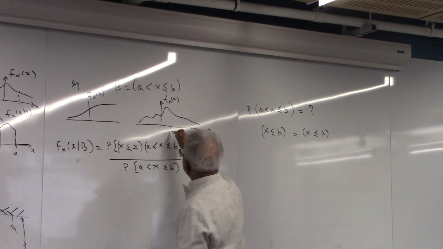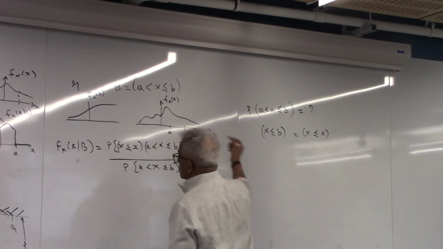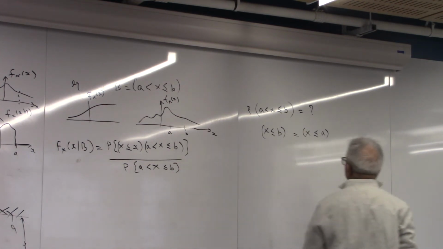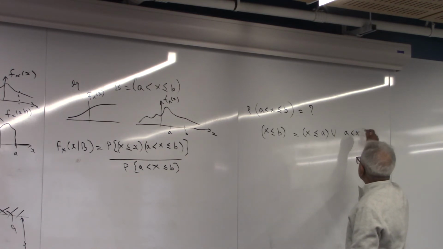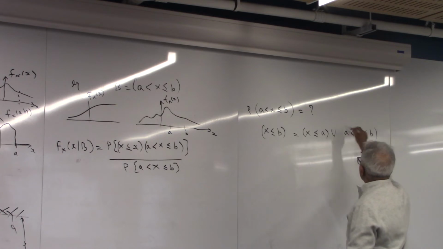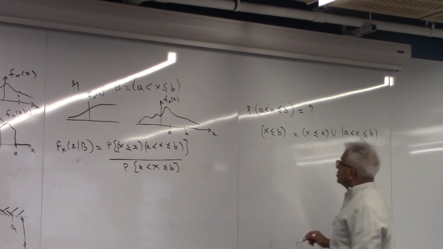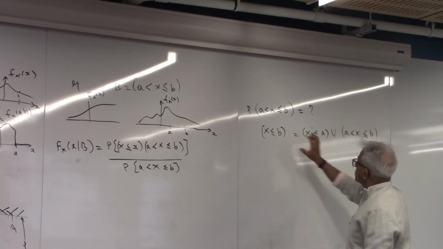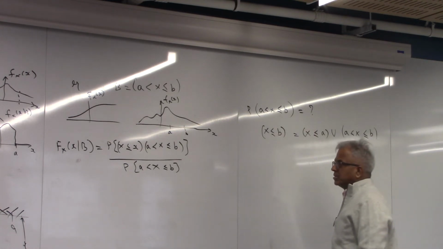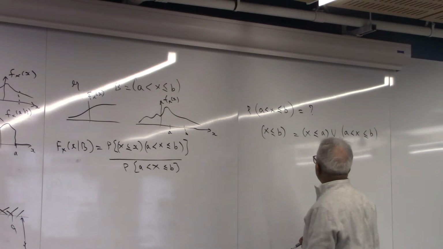A is here, b is here. Obviously b is beyond a, since one number has to be larger than the other. Then we can write this in this manner, and these two are mutually exclusive. So the probability of this is the probability of this minus the probability of this. That's the distribution function difference.